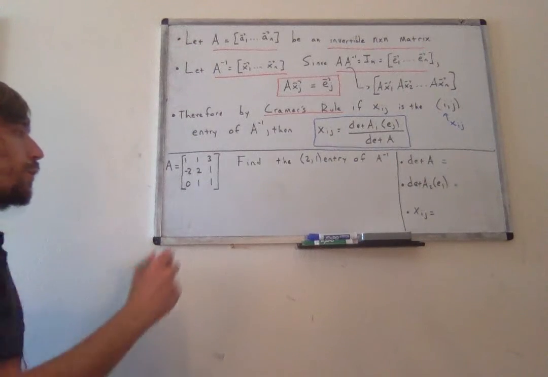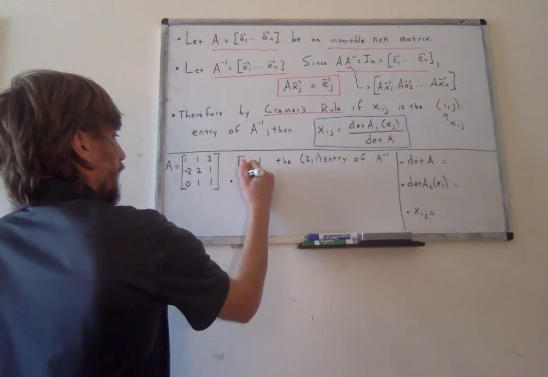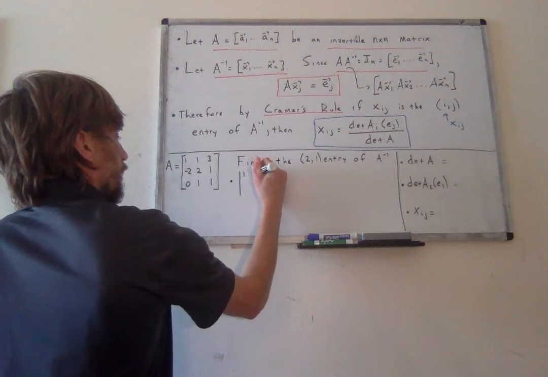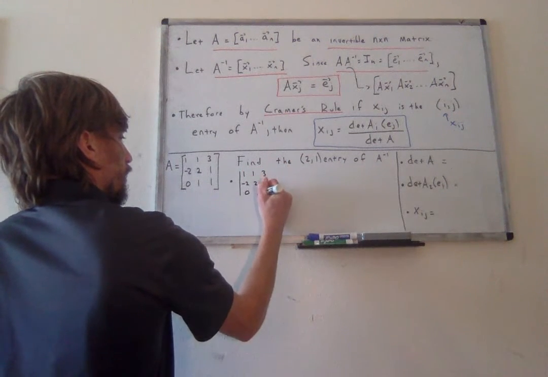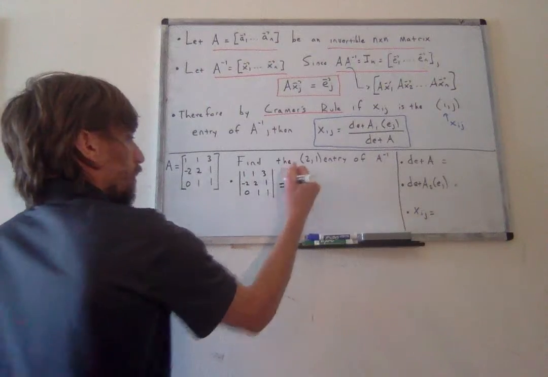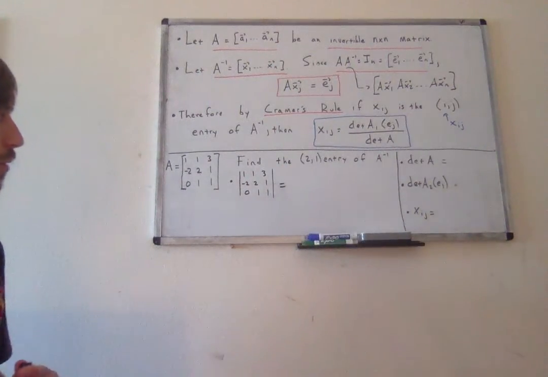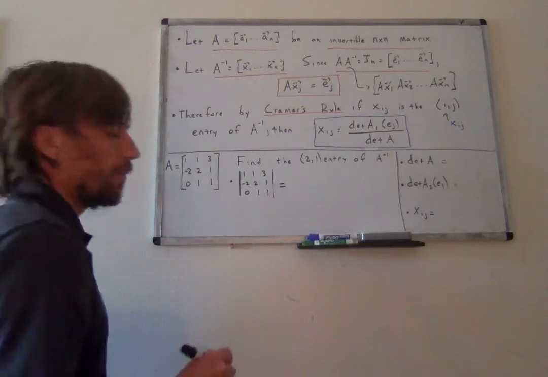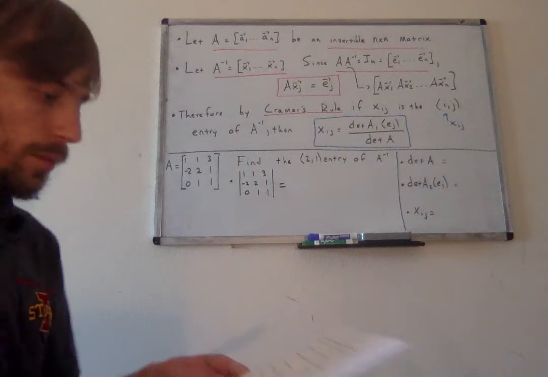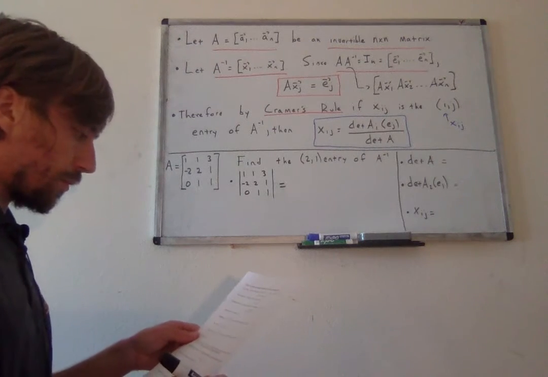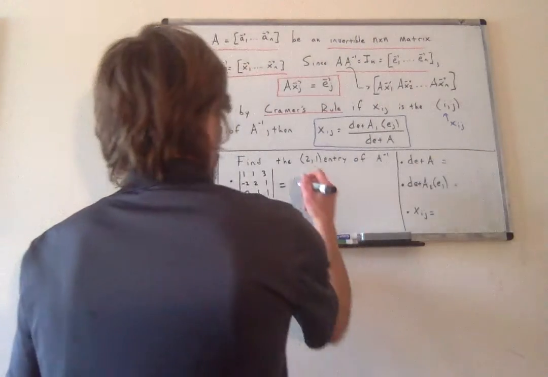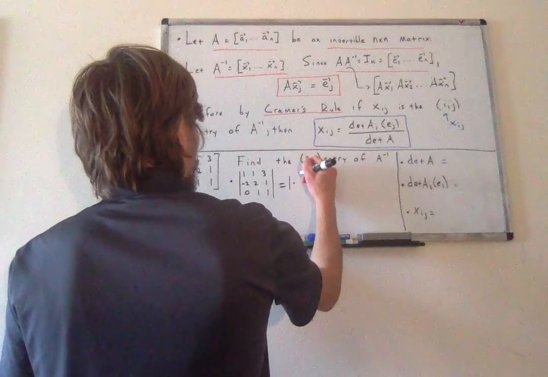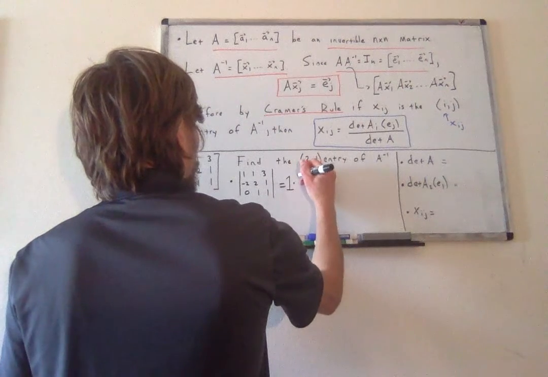All right, so first things first, the determinant of A. I'm going to expand across the first column, which is what I did in my work. I'll go a little quicker this time with the determinant calculations.